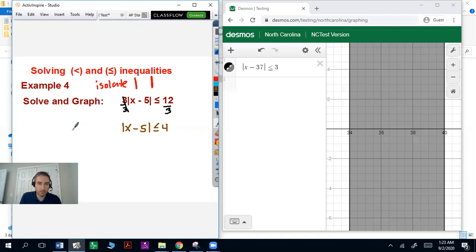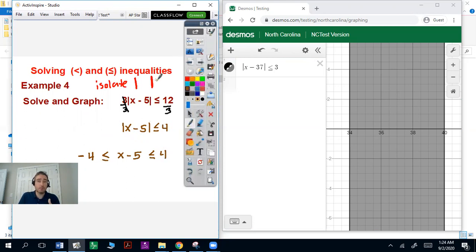I take one of the numbers on the right side and I make it negative. And then I do a less than or equal to. Basically, I just copy that. So if it said less than, I'd copy a less than. I write x minus 5, and then I say less than or equal to 4. So I throw a negative over here, and I keep that there and get rid of the absolute value inequality.